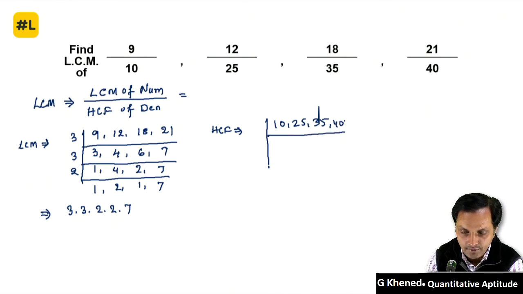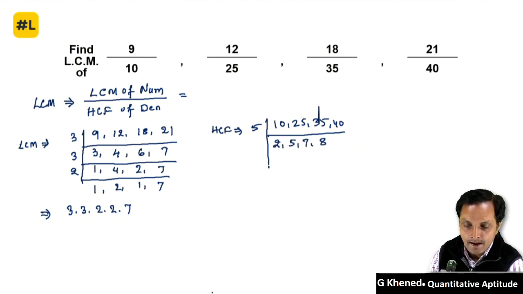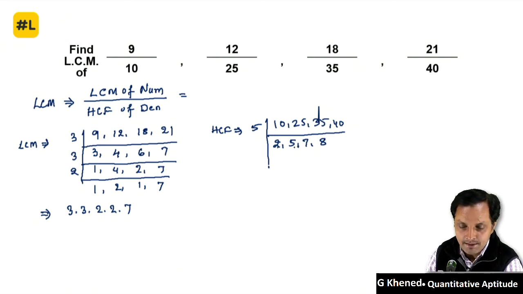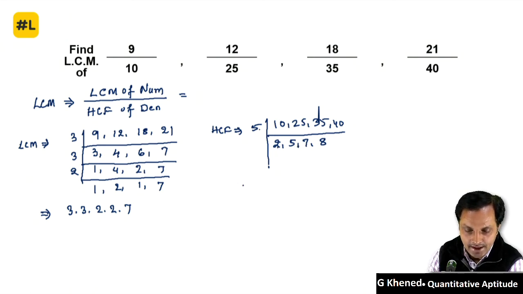You divide it, all the numbers will go in 5, 5 2s are 10, 5 5s are 25, 5 7s are 35, 5 8s are 40, and 2, 5, 7, 8 will not go in a single number, therefore 5 is the HCF.